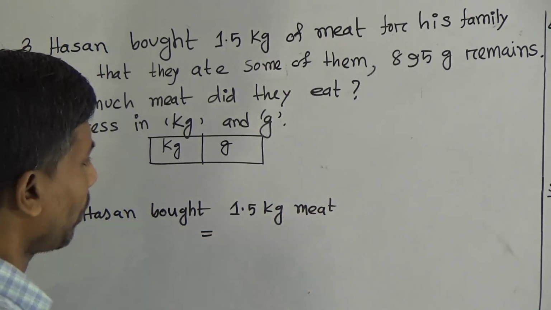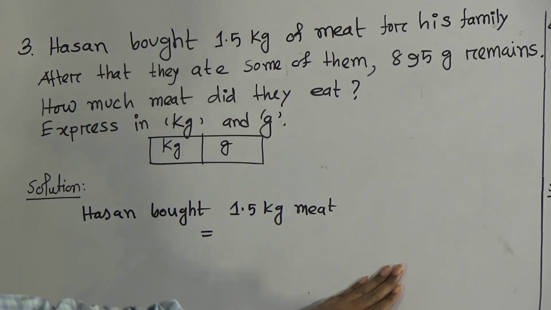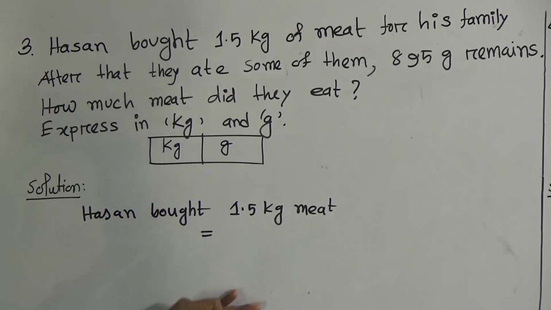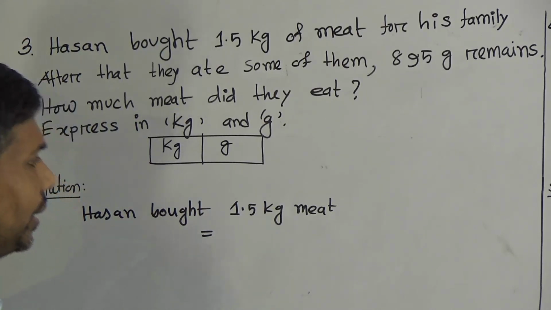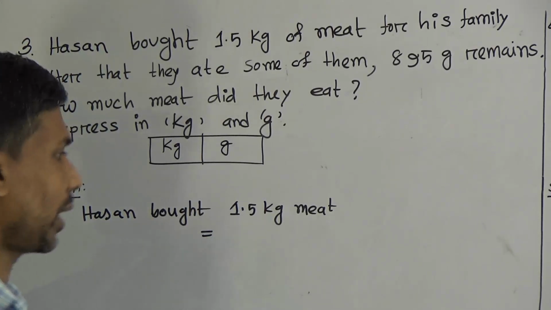Now we have to convert this kilogram to gram. So you have to multiply by 1000, because we know 1000 gram makes 1 kilogram. Now we have to convert here from a greater unit to a smaller unit, so we need to multiply.